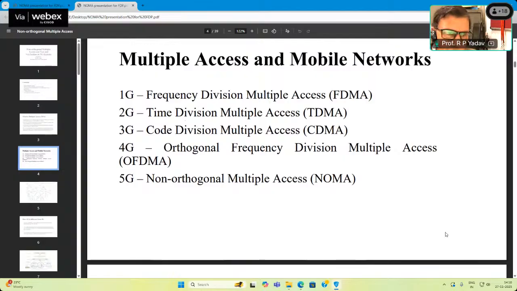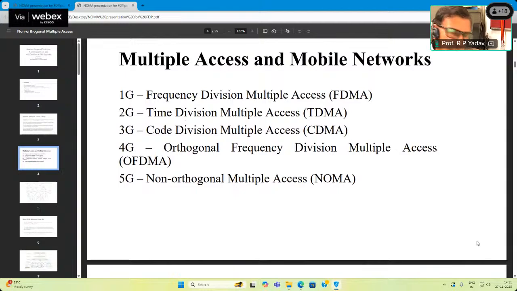But first of all, in case of 1G systems, frequency division multiple access was used. This started in the US in the 1970s, and this was the analog system.